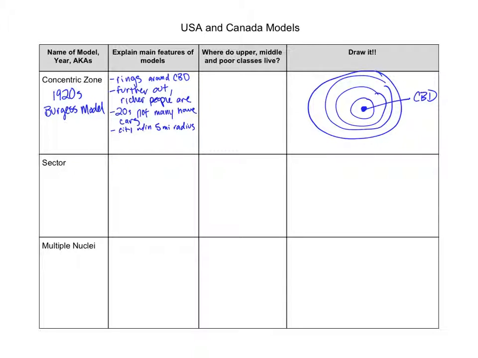But our farthest ring way out here is going to be our richest people, because those are the people who actually do have cars, but there's not going to be a whole lot of them, okay? So still remember that this model is going to be very compact, pretty small inside. When we fill out this middle column, where do the different classes of people live?